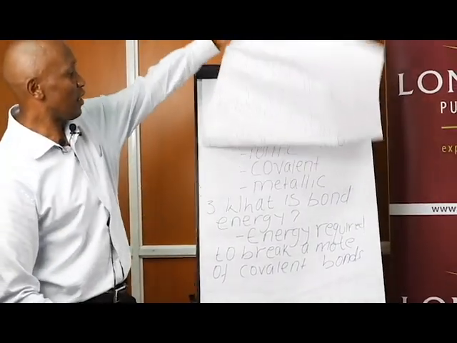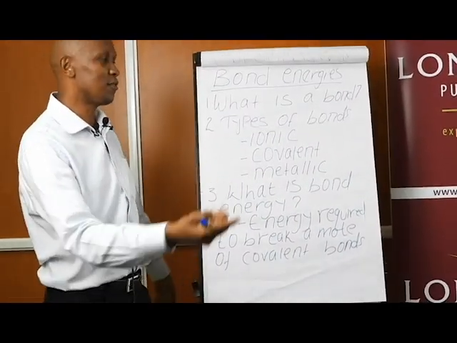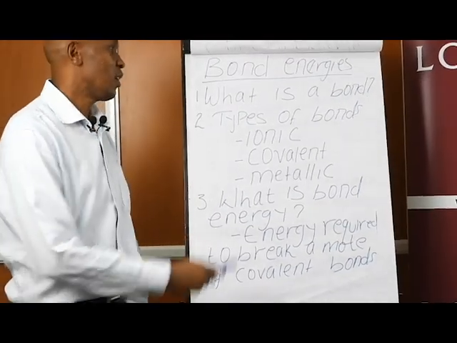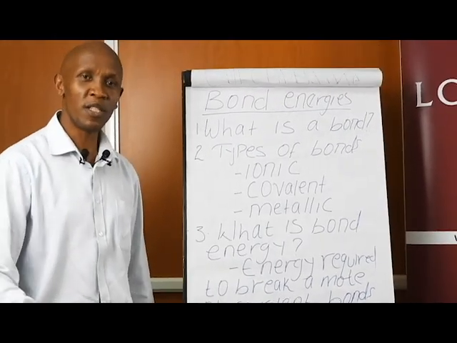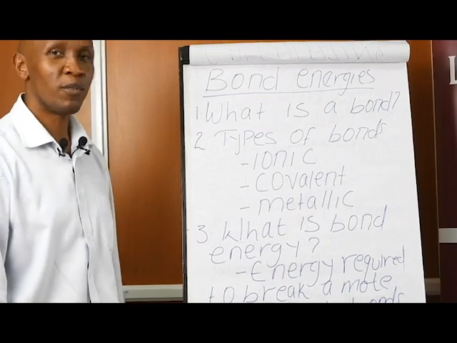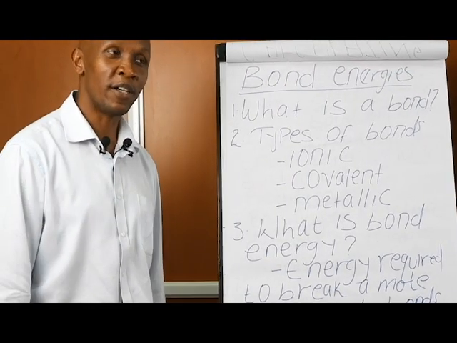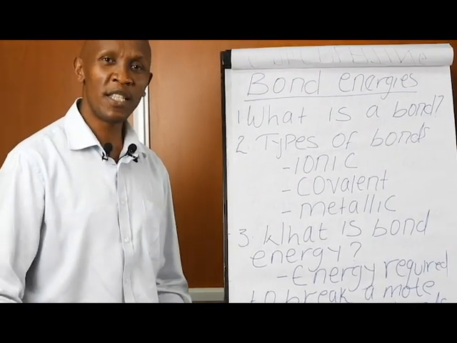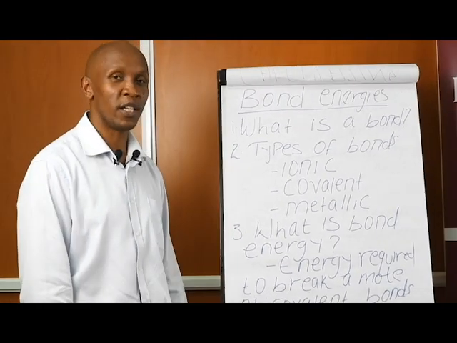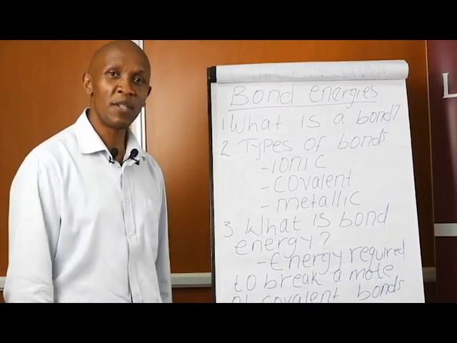Now, the first question that we need to ask ourselves, a very simple question at that: what is a bond? In our day-to-day life, we know a bond is that which ties substances together. We are in chemistry, however.